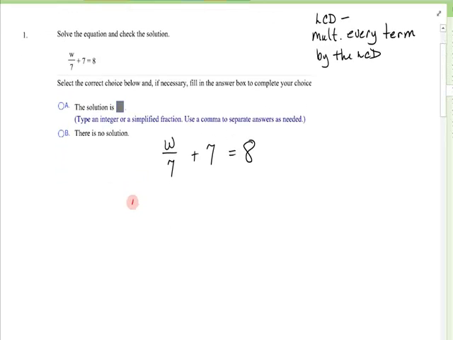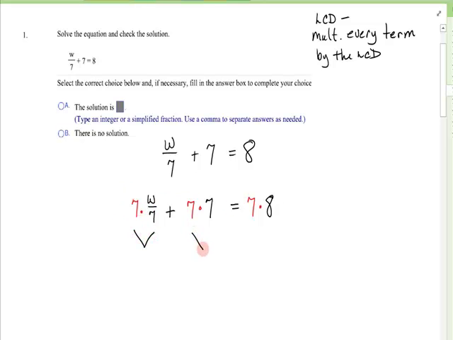So I have 7 times w over 7 plus 7 times 7 equals 7 times 8. It doesn't matter whether the term is a fraction or not. If you multiply one of them by 7, you multiply all of them by 7.